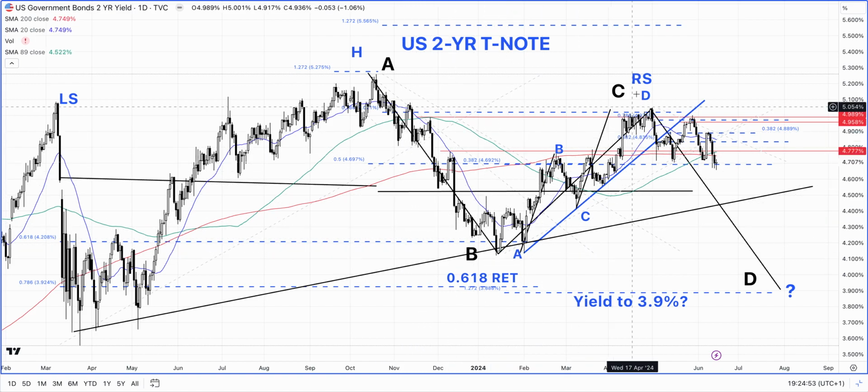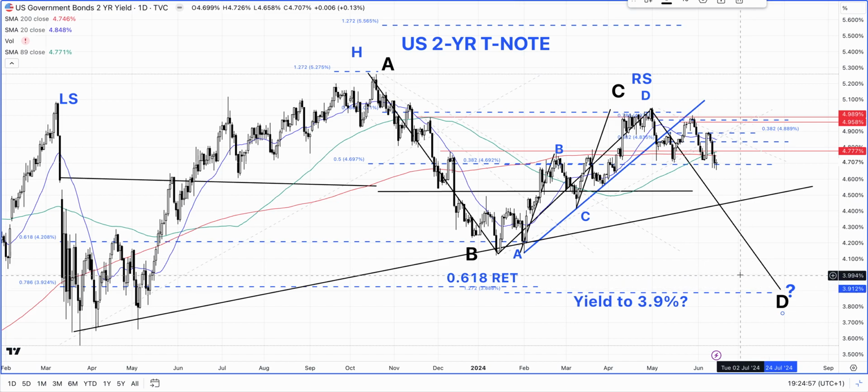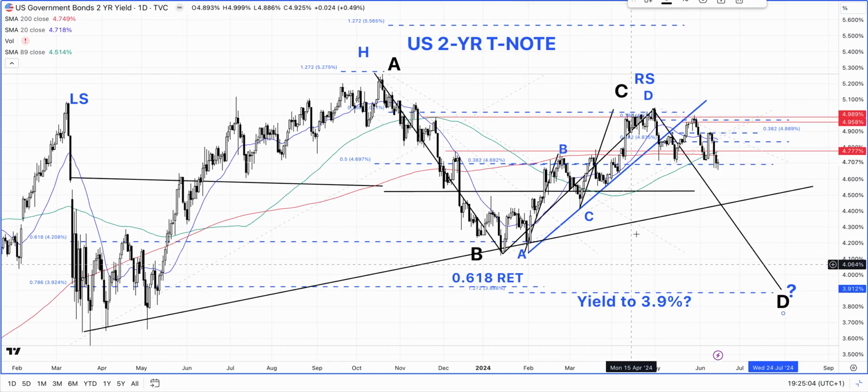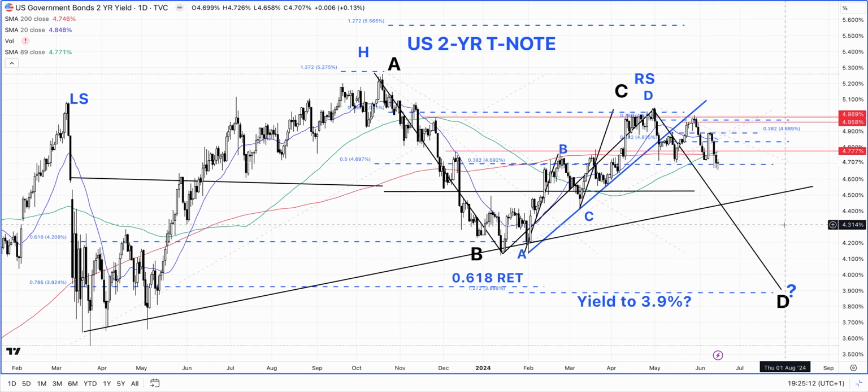And then of course we have the 1-to-1 price projection ABCD in this black completing around here as well. So that is likely to be a pretty strong support level, and it's also our target once we have a confirmation, which I do believe that we have already started a move in the CD leg, because this is something interesting happening over the course of last week in the US Treasury market.